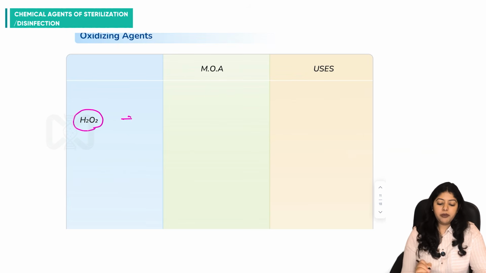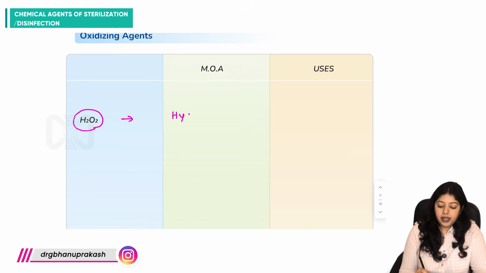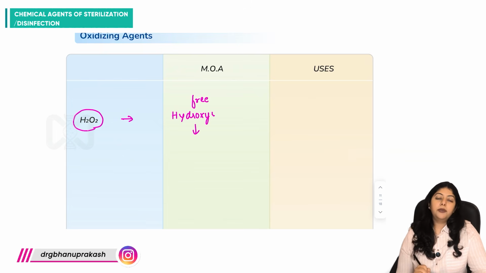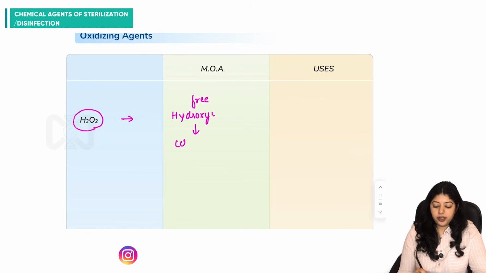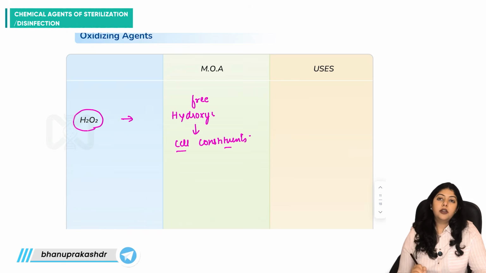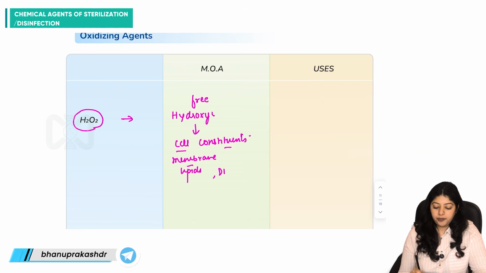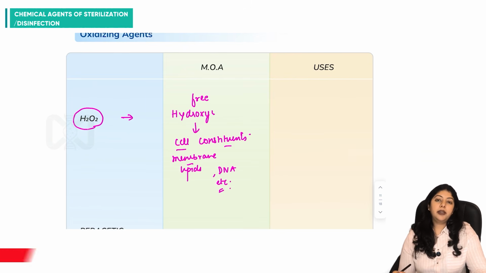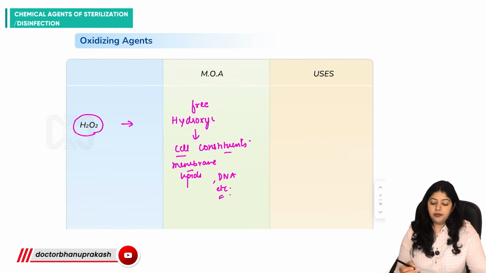So the major mechanism of action of hydrogen peroxide is that it is going to liberate free hydroxyl, which is going to be active against cell constituents, that includes the membranes, the lipids, DNA, etc. So hydrogen peroxide can be used at different concentrations, right?